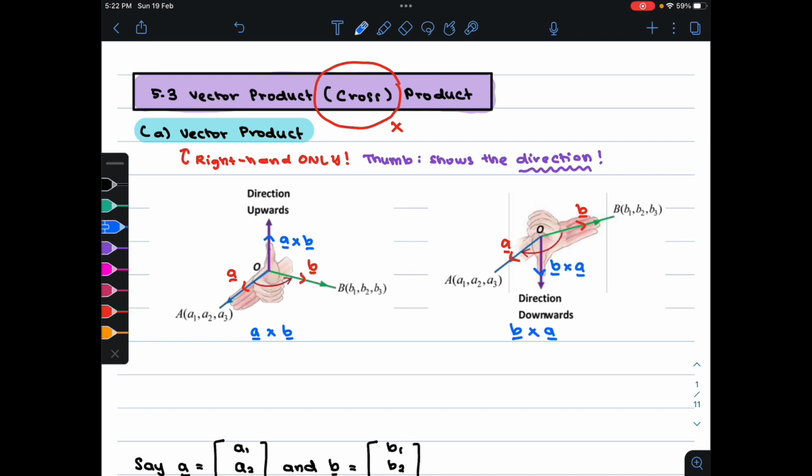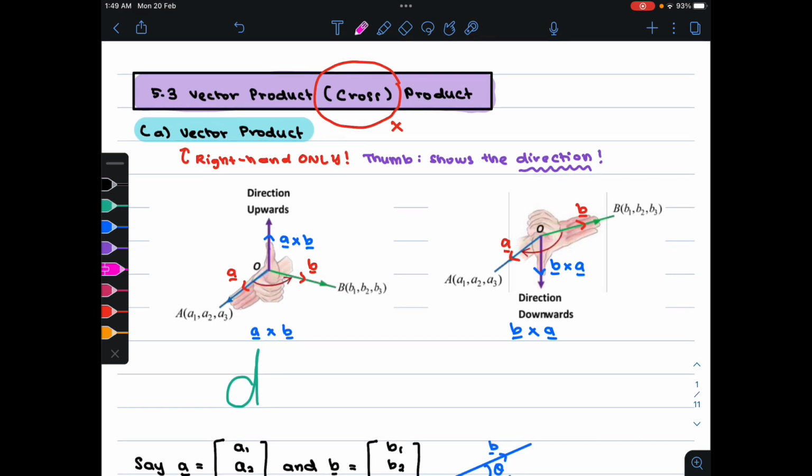If you're struggling to use your right hand, you can also try using the letter D and the letter P. If you try and draw the letter D, look at the direction of your drawing. First it goes anti-clockwise, and then it goes upward.